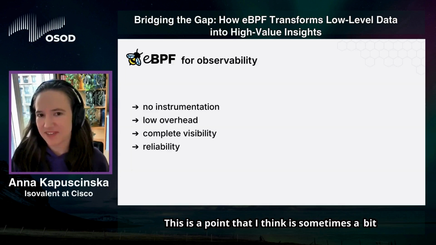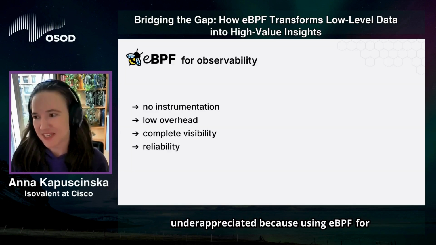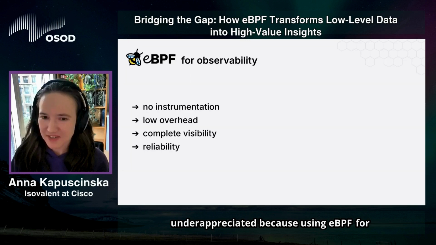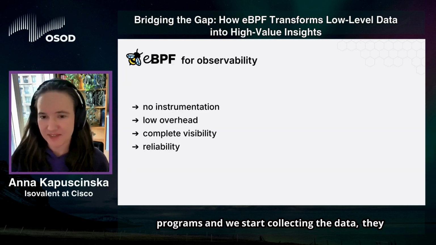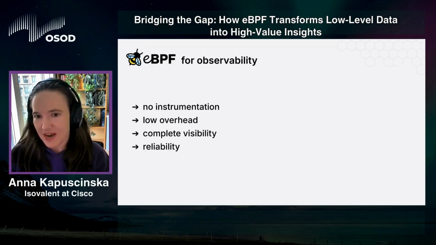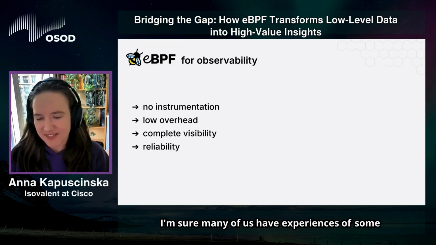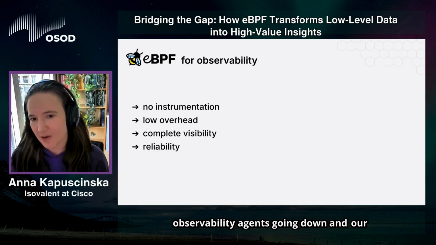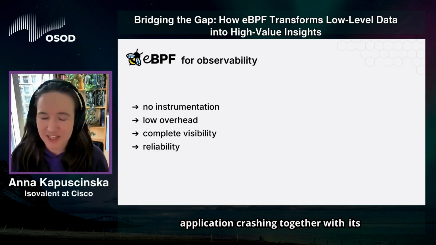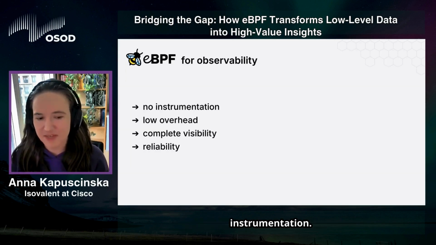This is a point that I think is sometimes a bit underappreciated, because using eBPF for observability means that once we load the eBPF programs and we start collecting the data, they just keep running. I'm sure many of us have experienced observability agents going down or an application crashing together with its instrumentation.